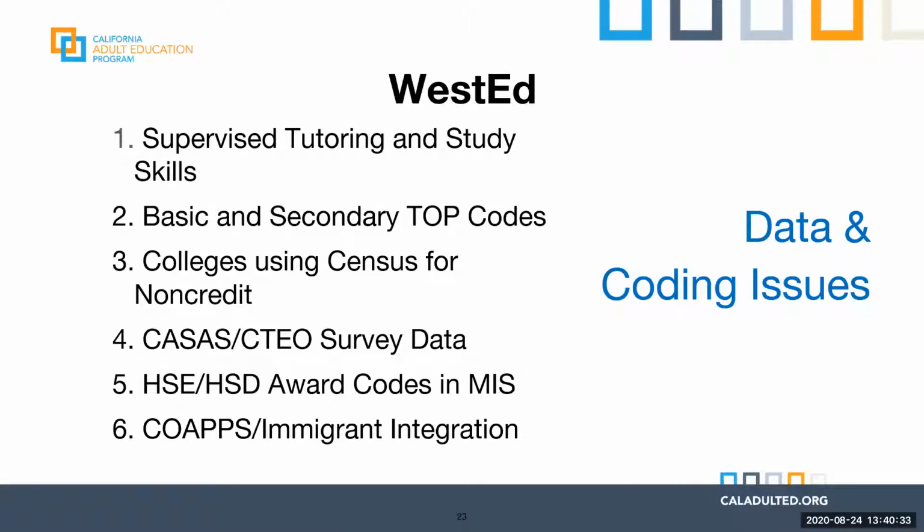There's a huge issue coming up that we need to engage the field on, and we've raised it as a policy issue with the Chancellor's office. As non-credit programs move towards census for funding their non-credit courses, it means we will no longer have instructional contact hours for those courses, which will create issues potentially for CASAS as well as the Launchboard.